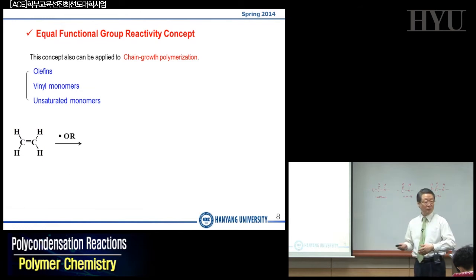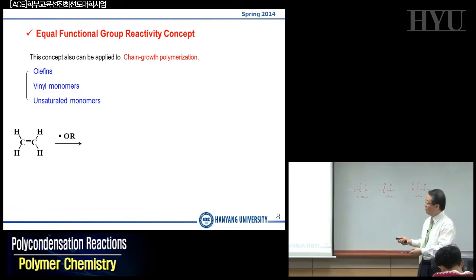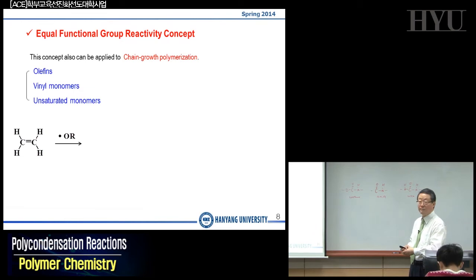Anyway, we can talk about this initiator. The initiator may have a radical. So the radical will attack this vinyl monomer and form two radicals, so that one of the radicals from this double bond will meet this radical here from the initiator, and you form the covalent bond. Okay, and the one more radical from your double bond just stays right here.